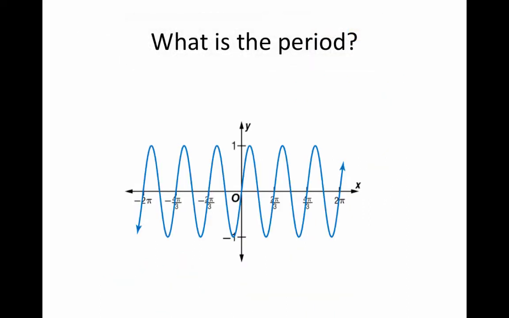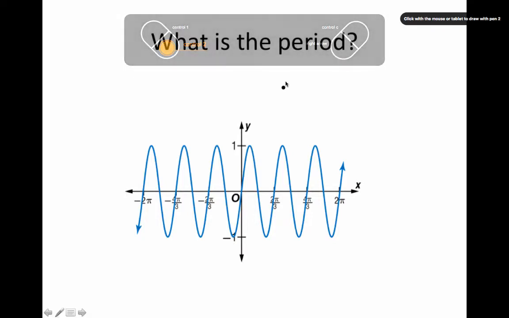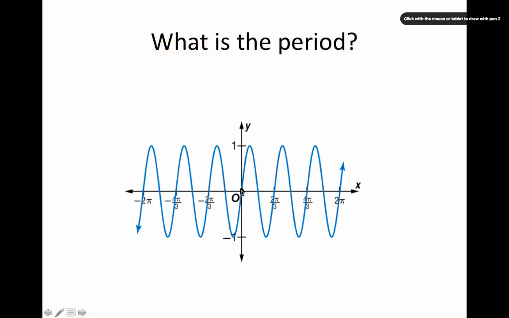What's the period? How long does it take to get through one cycle? I would look at this right here, up, down, and I'm back there, which means the period would be 2 pi over 3. Now, if we were given the period of 2 pi over 3 and had to solve for b, please understand that the period and the value of b are two different things.